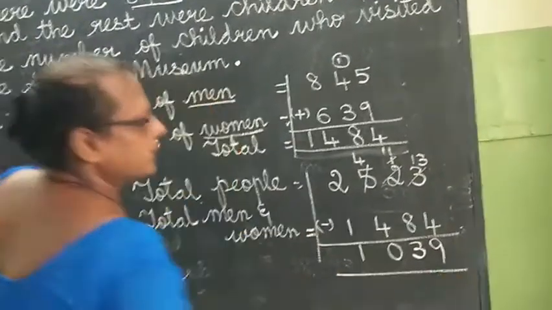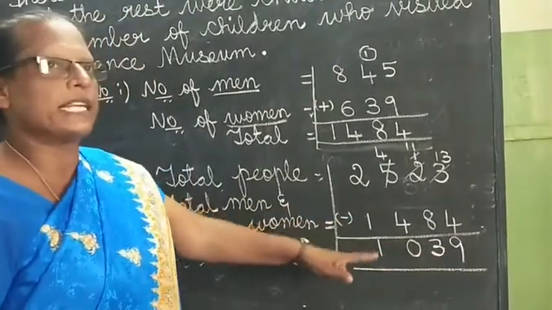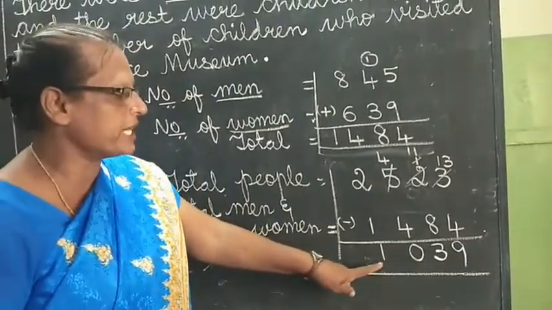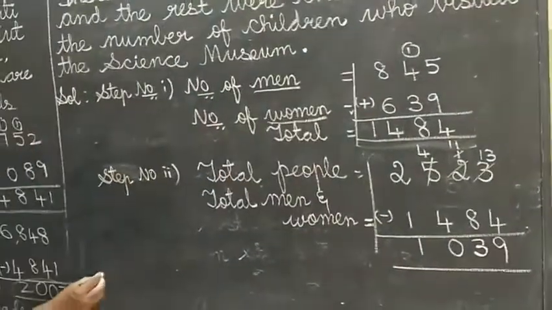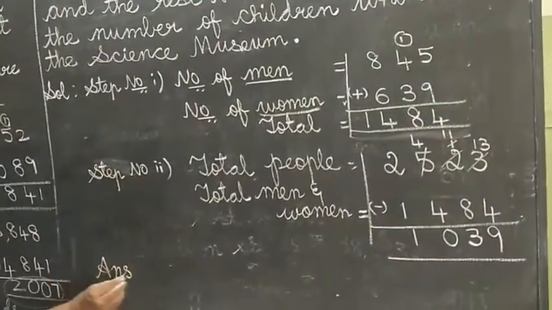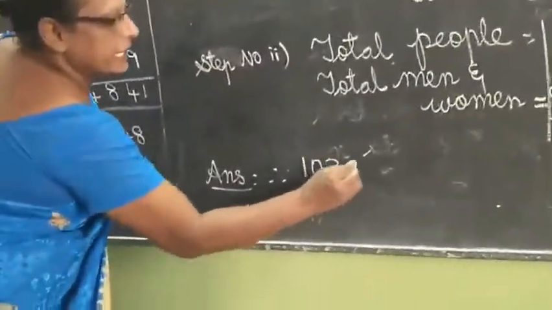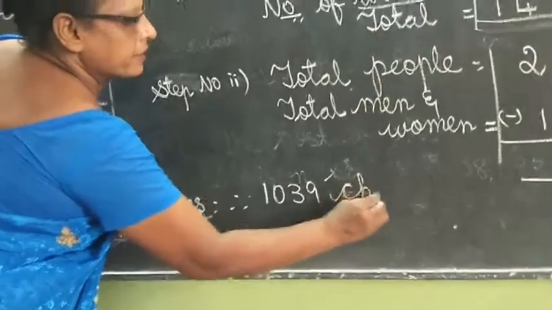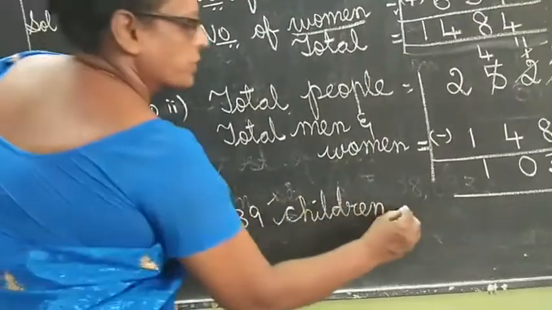So what, children? 1039. How many children visited the Science Museum? 1039. So what's the answer, children? Therefore 1039 children visited the Science Museum.